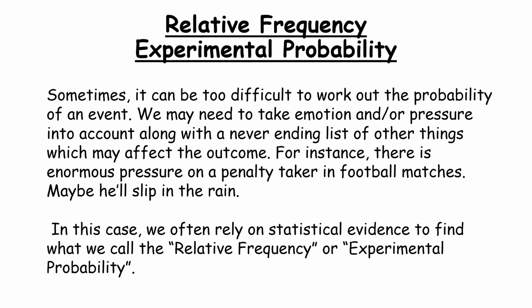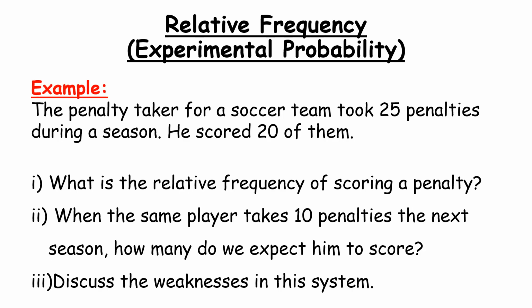So what we're going to work on now is a scenario where the probability is not theoretical. It's not something we can figure out mathematically from how many outcomes there are, but instead we're going to look at what has happened in the past, thinking in terms of an experiment. A penalty taker for a soccer team took 25 penalties during a season and scored 20 of them.